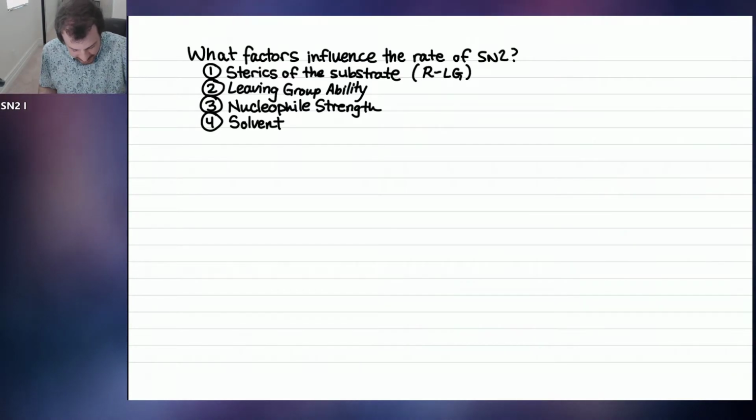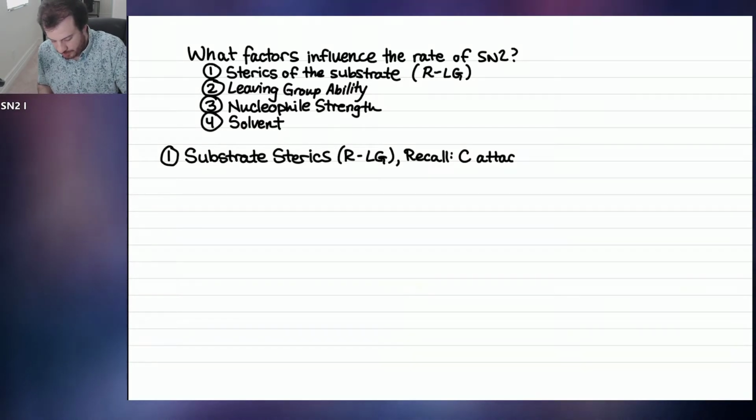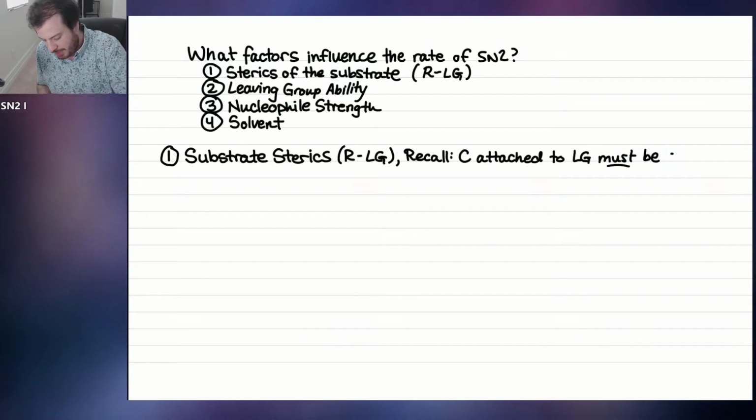But let's just start off with substrate sterics, which is perhaps the most important influencer of the SN2 reaction rate. And there are two things to consider with the substrate sterics. Again, the substrate referring to the electrophile with the leaving group. And the first thing that's important to remember, the carbon attached to the leaving group must be sp3.